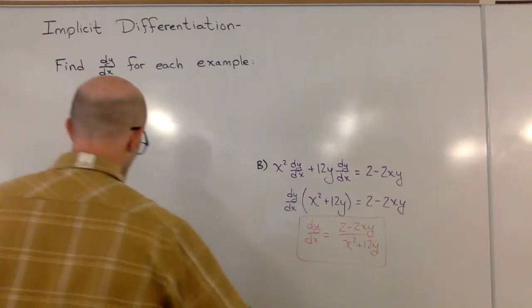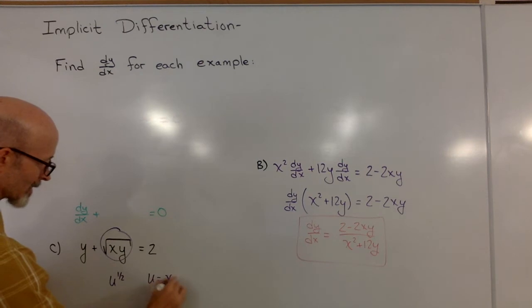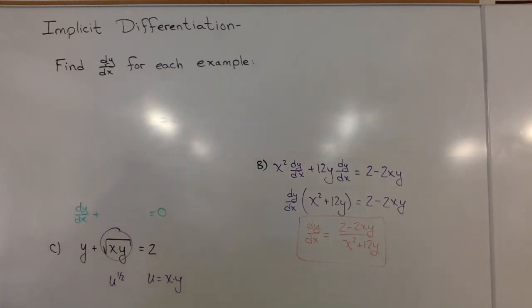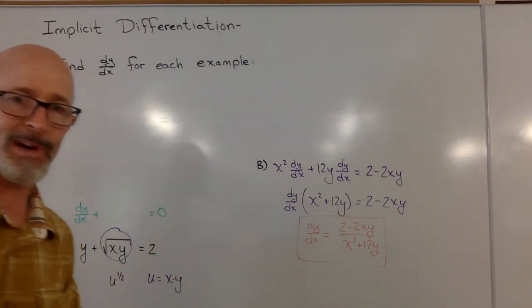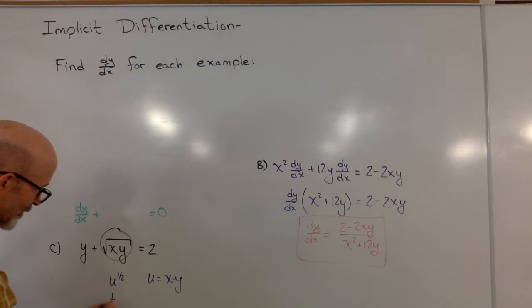You might have to just stop and say, wow, this is like the square root of something, and then that square root is x times y. You might need to find a little space somewhere else to do part of this problem. But then I do the chain rule. I take the derivatives of each term.